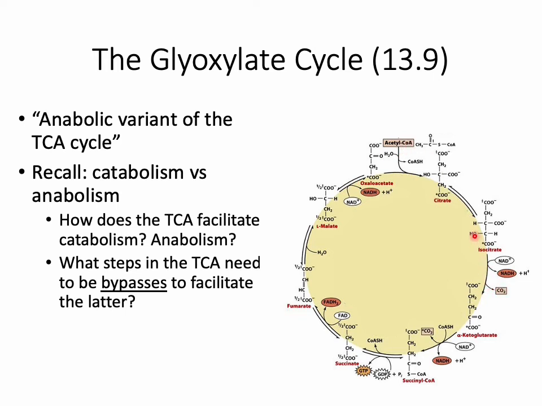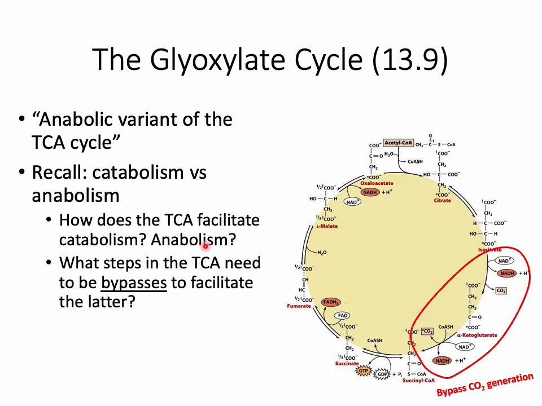If we want to eliminate the catabolic properties and focus purely on anabolism and biosynthesis, we need a way to bypass the generation of carbon dioxide. These steps in which carbon dioxide is generated represent our catabolic processes, and we like to bypass them if possible.